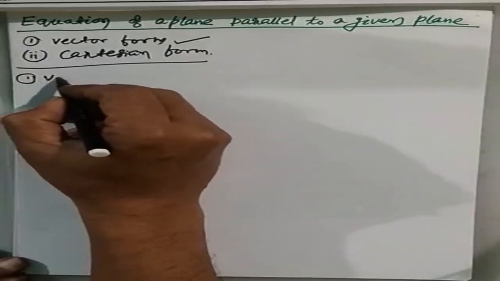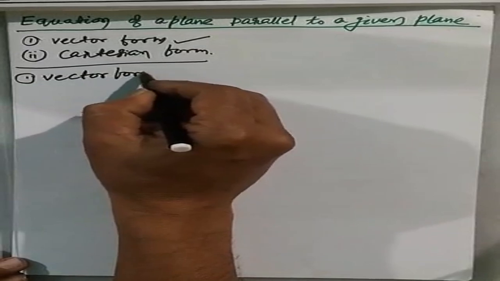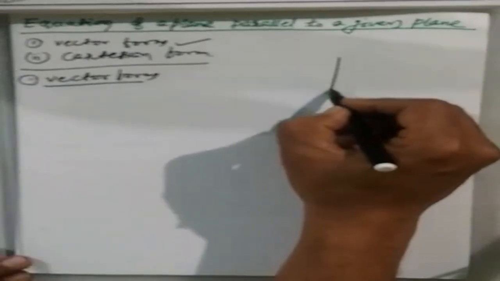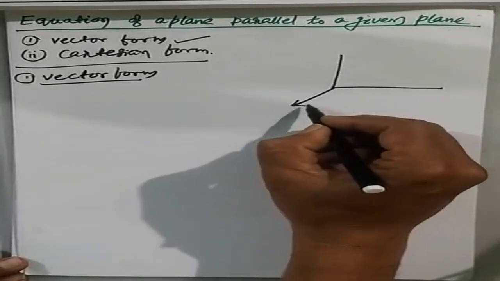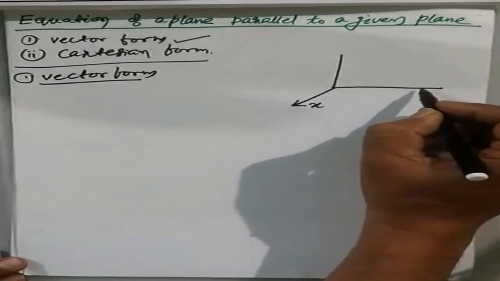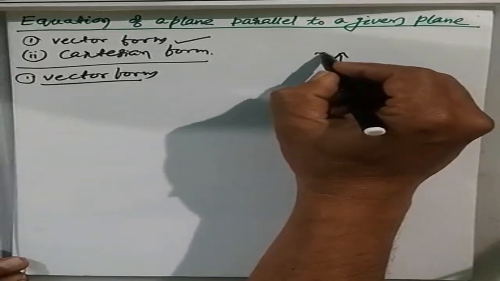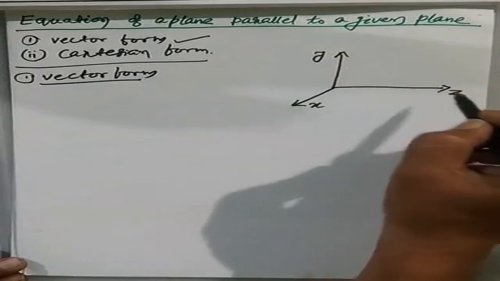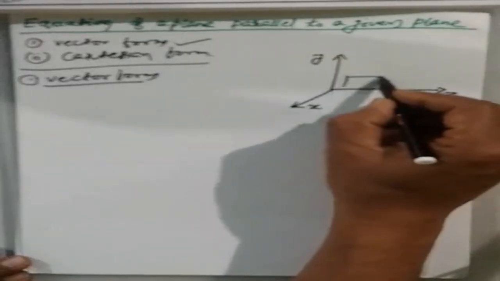So in vector form, this chapter is in 3D geometry, so we are discussing 3D geometry. Let this be your x-axis, this your z-axis and this your y-axis. In the yz plane, let we have one plane here.